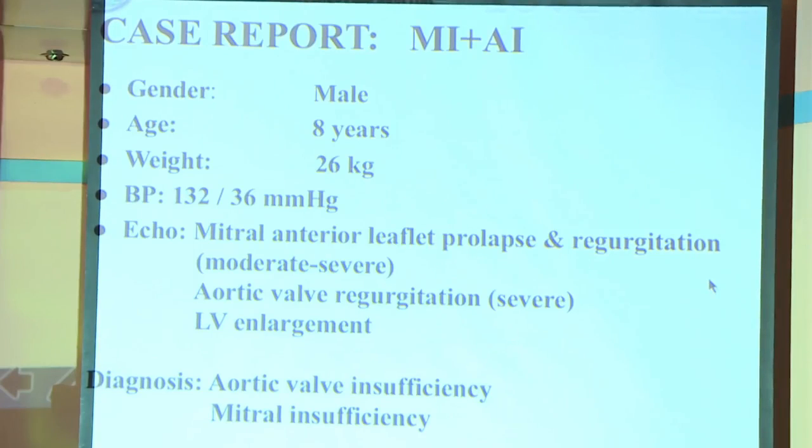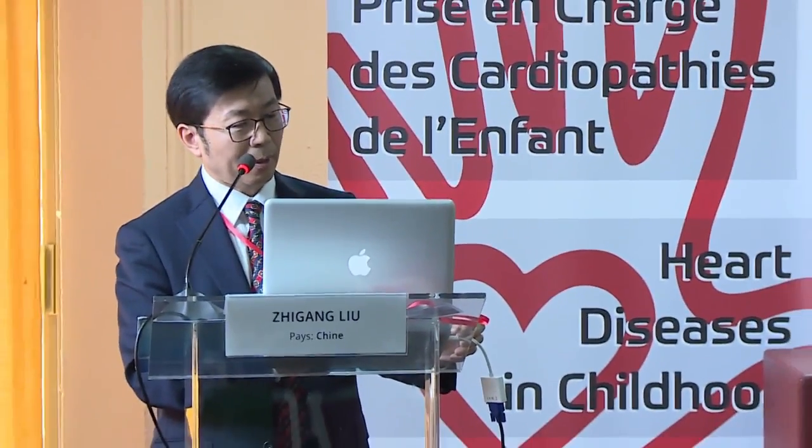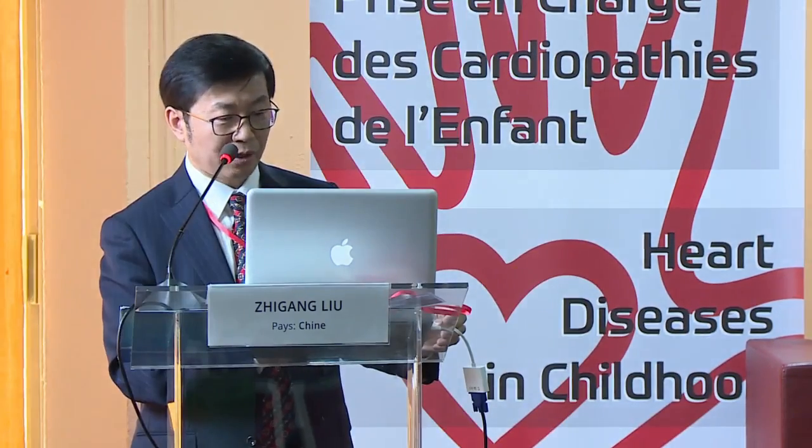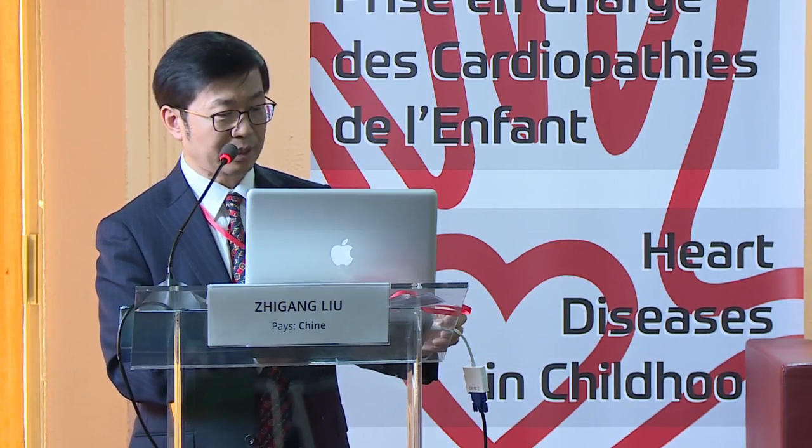Here I will present a case of severe mitral insufficiency plus aortic insufficiency. This was an 8-year-old boy with body weight 26 kilograms, and his pulse pressure was more than 100 millimeters of mercury. The echo showed mitral anterior leaflet prolapse with severe regurgitation, and severe aortic valve regurgitation with a huge LV.